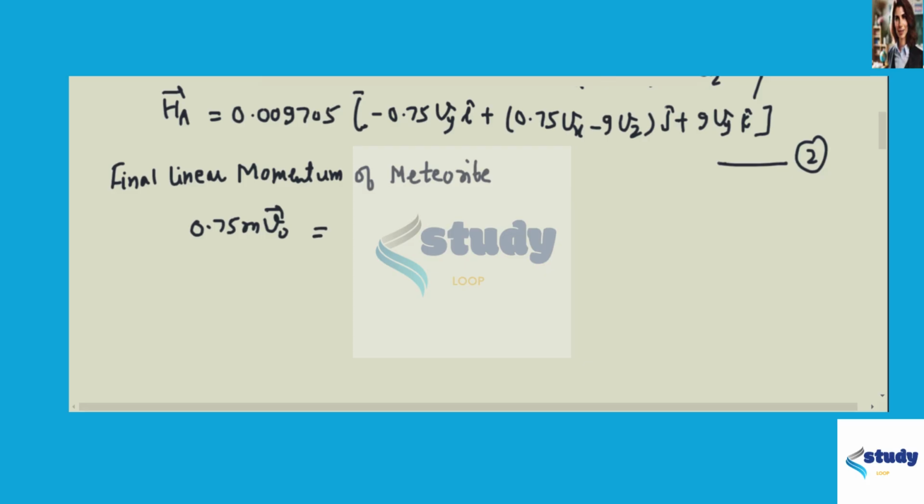So when we take 0.75, only this quantity will change. So it becomes 0.007279 into Vx i cap plus Vy j cap plus Vz k cap.